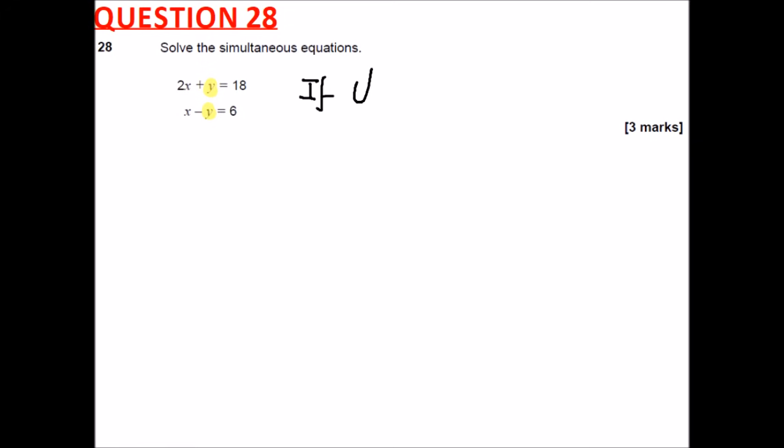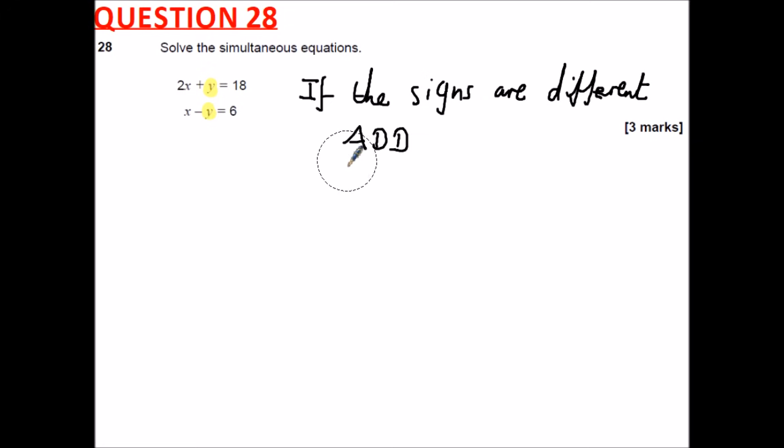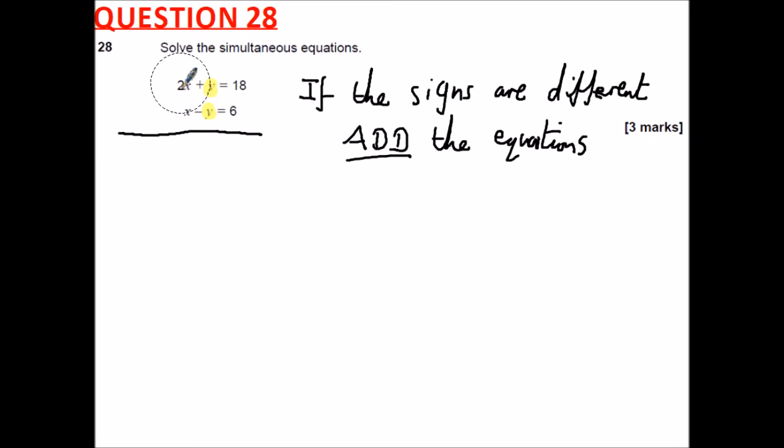So if the signs are different, what we're going to do is add the equations together. If the signs are different, we're going to add the equations. So we'll just add the 2x to this 1x.